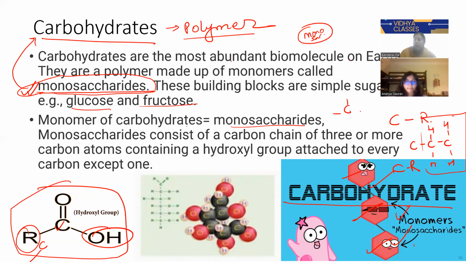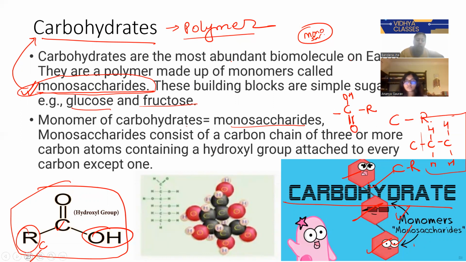And carbon is having how many bonds? 4 bonds. That is why it's known as a covalent bond, right? So carbon, if here is R, now here is OH, because the carbohydrate is having OH groups. The 2 bonds will make a double bond with oxygen.